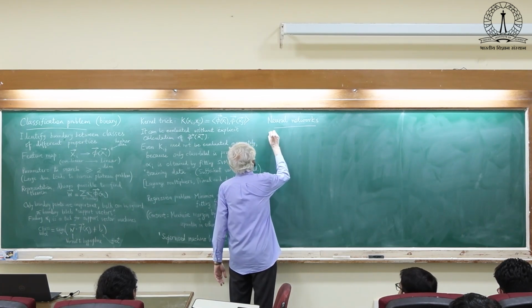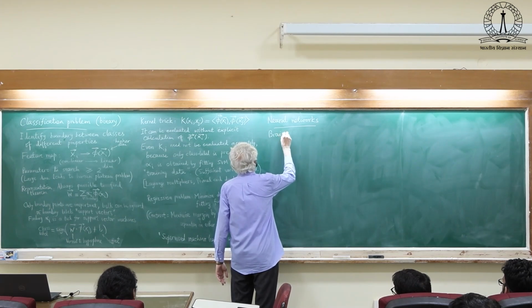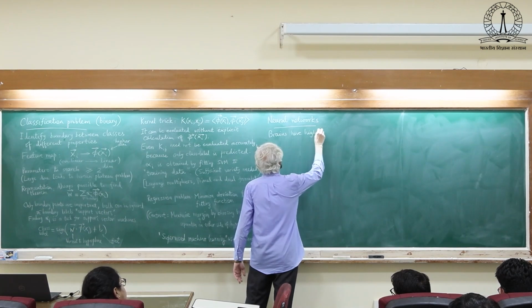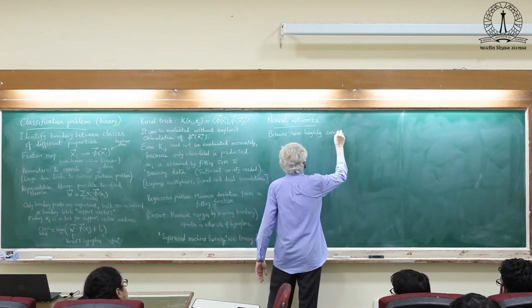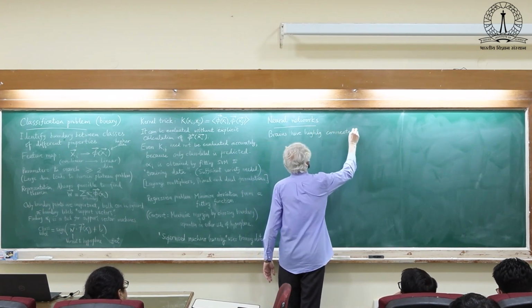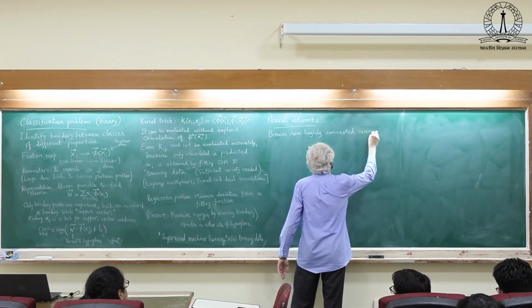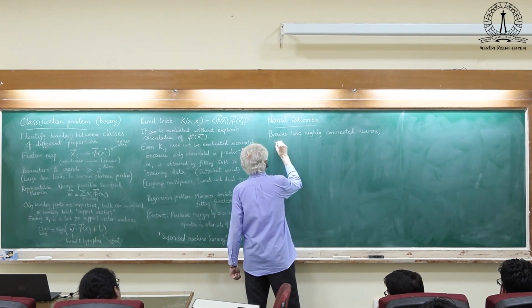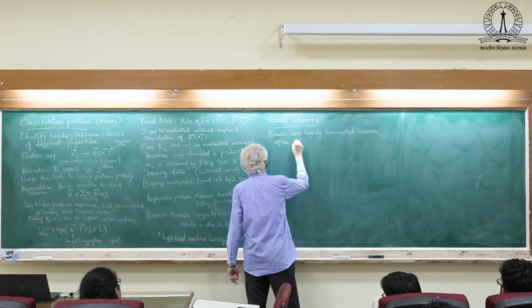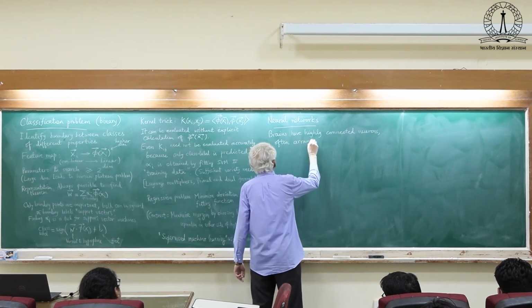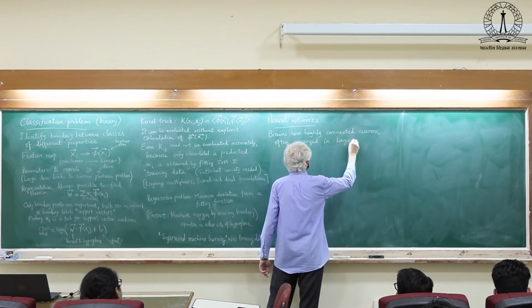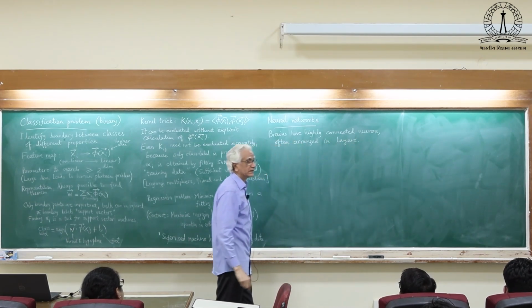So, what is known is the brains have highly connected neurons, and they are often arranged in various kind of layers.